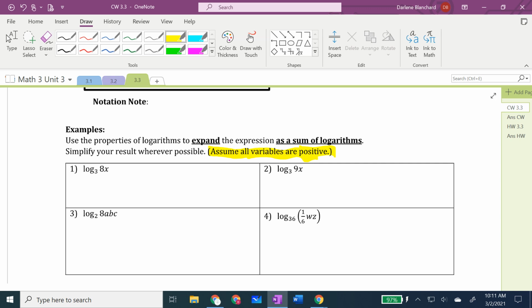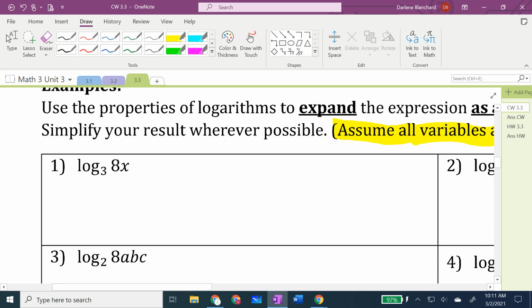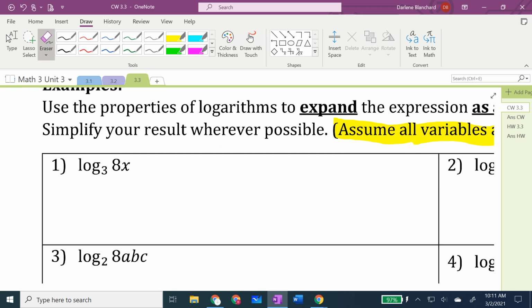So, number one. Expand means you want to, as much as possible, write things as an addition of separate logarithms. You're trying to separate the logarithms.